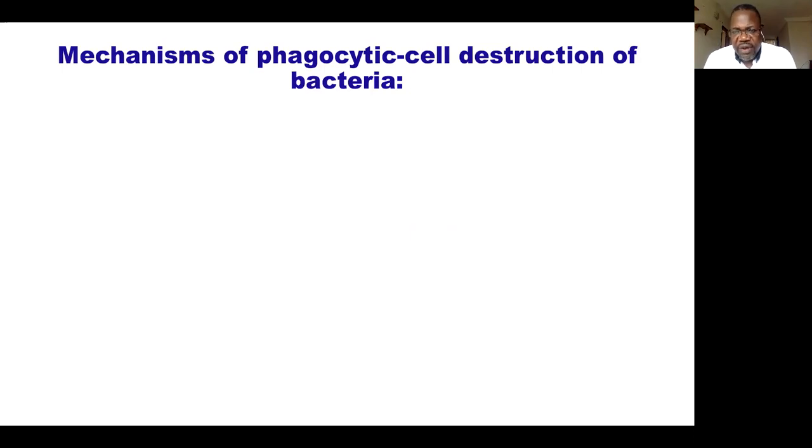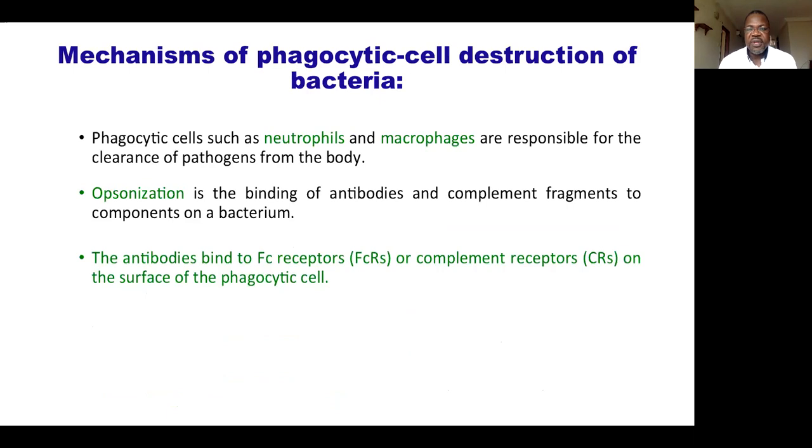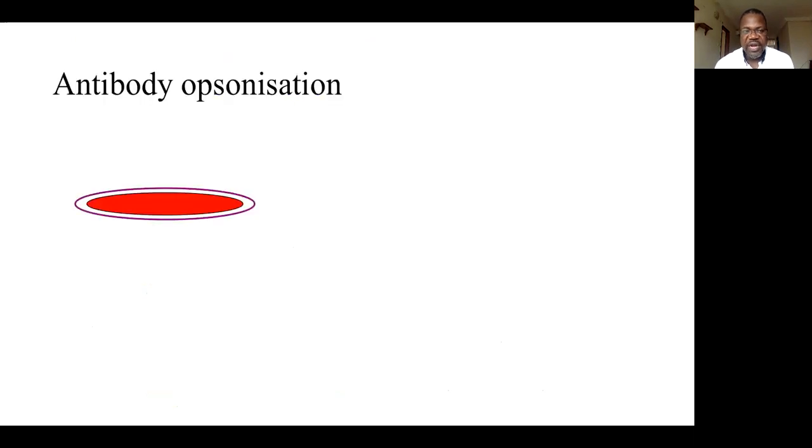The other way of killing microorganisms is through phagocytic cell destruction. So your phagocytic cells, like your neutrophils or your macrophages, can destroy the bacteria. The first step is what we call opsonization. Opsonization happens like this.